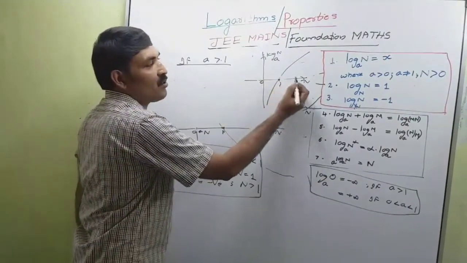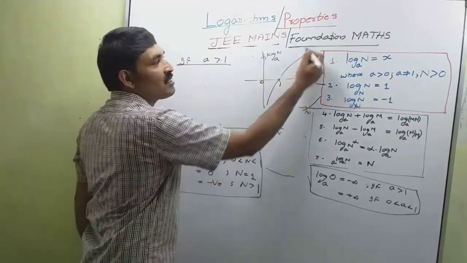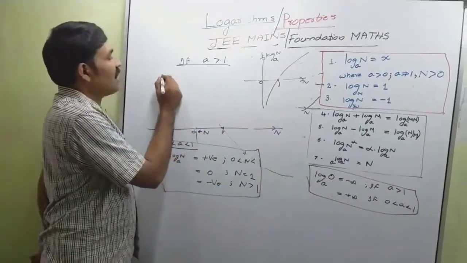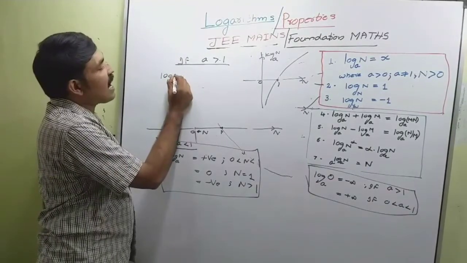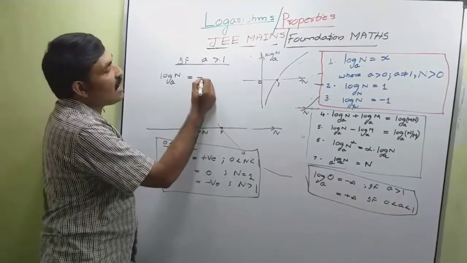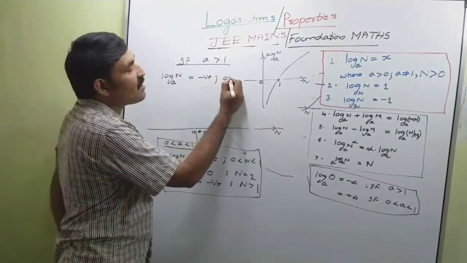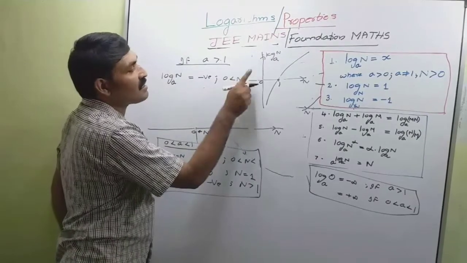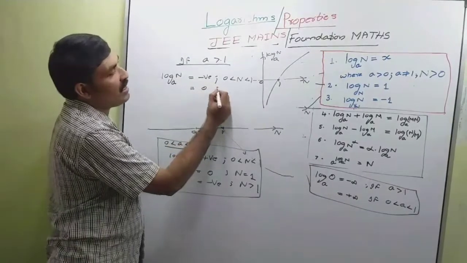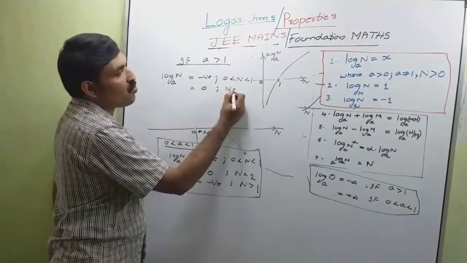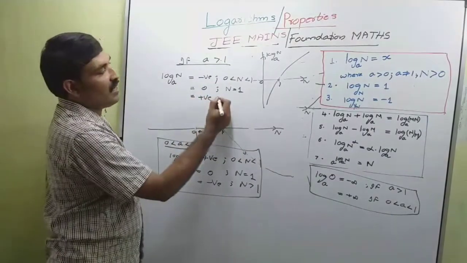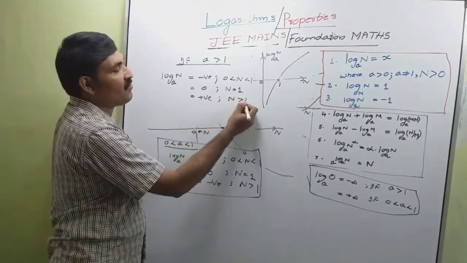At n equal to 1 it is 0, and when n is greater than 1, the graph is lying above the x-axis, that is positive. So we can write log n to the base a is negative if 0 less than n less than 1, is equal to 0 if n is equal to 1, and is positive if n is greater than 1.